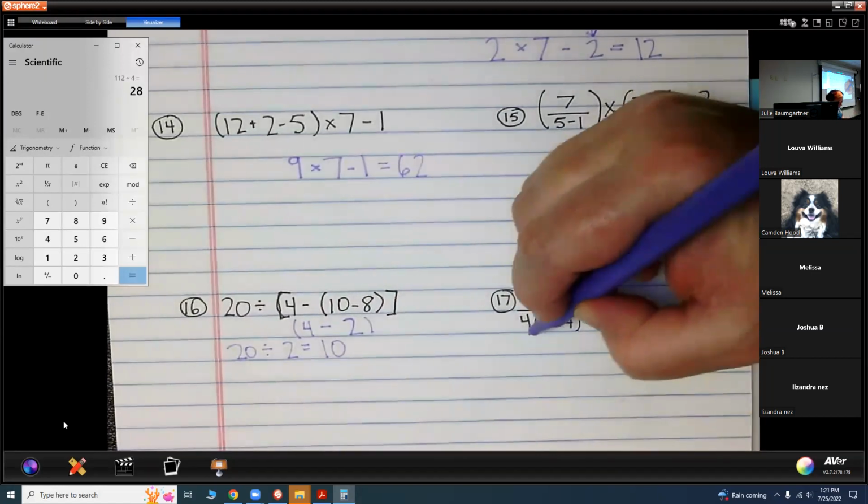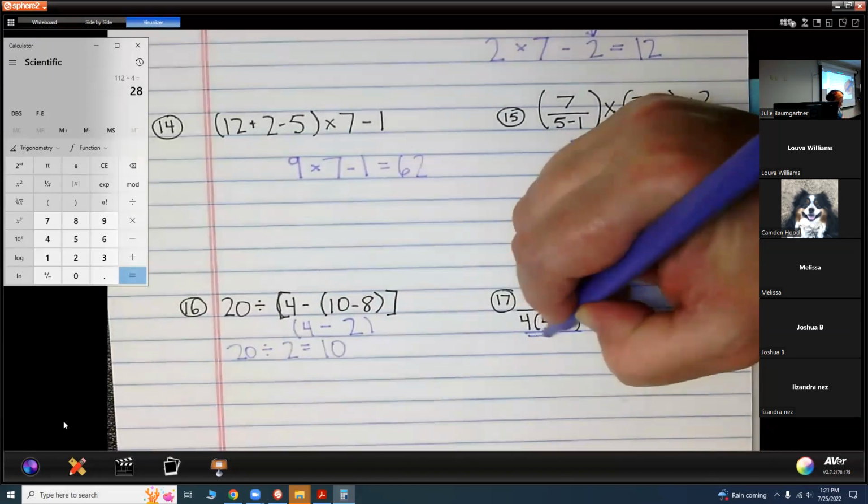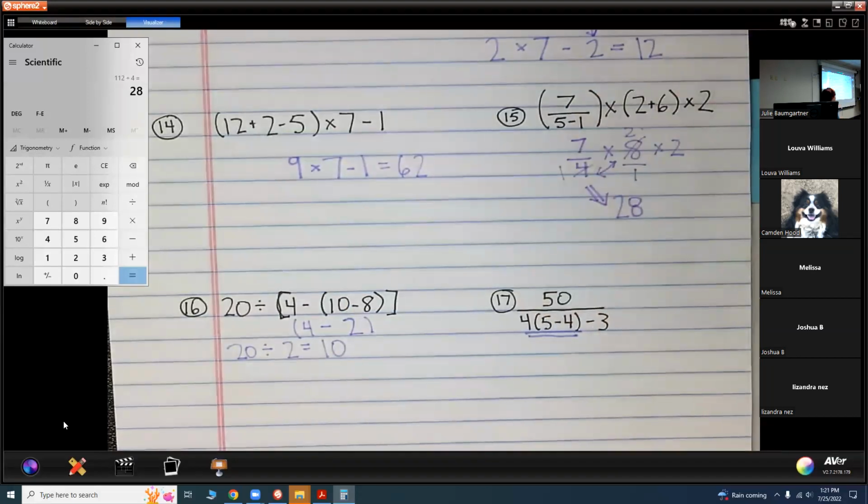So does anyone remember what this is called? It doesn't matter if you remember what it's called, but hopefully everyone knows what to do, right? This is called the distributive property. So when we have a number hanging out on the edge of our parentheses, we know that we have to multiply each term inside by 4. And that's going to be our first step here.